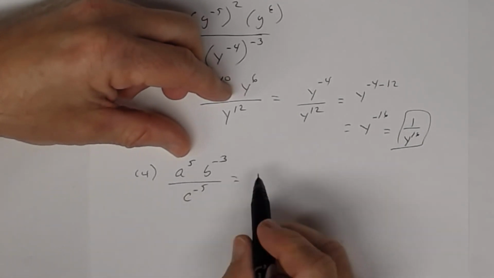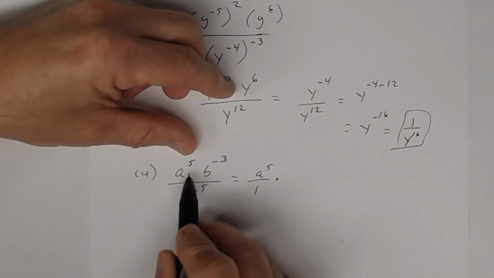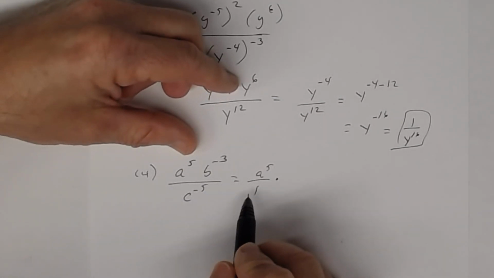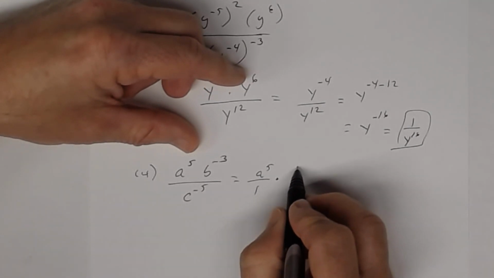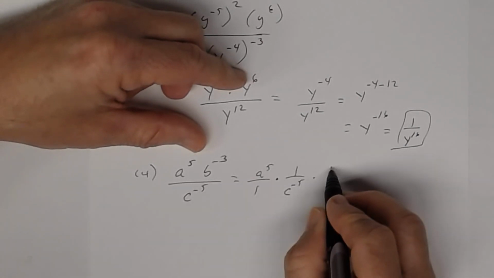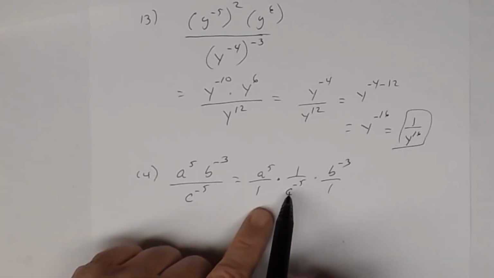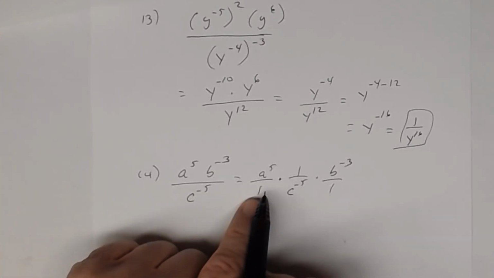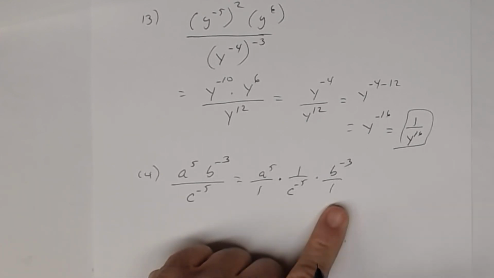So a to the fifth, I can write as a to the fifth divided by 1, times, since c to the negative 5 is in the denominator, 1 divided by c to the negative 5, and then b to the negative third, I can write as b to the negative third divided by 1. This product, I want you to recognize is this: a to the fifth, c to the negative 5 is in the denominator, b to the negative third is in the numerator.